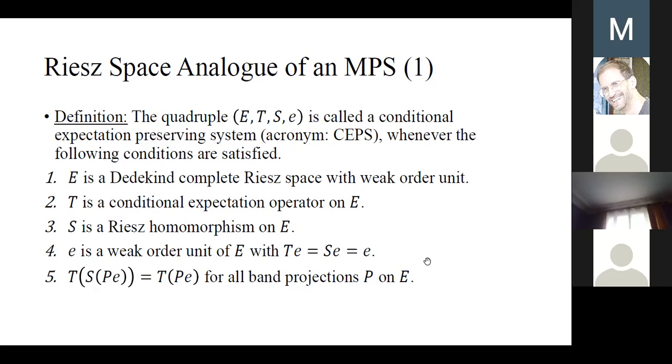Yes, Professor Azuzi. In the fourth condition, fifth condition, you assume that... is it equivalent to the fact that TS is equal to T? Yes. So that will be the condition then, that TS is equal to T. But here you don't need order continuity; order continuity on S is not assumed.